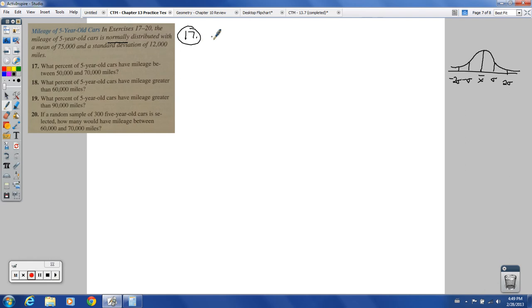So here we have z equals the data value minus the mean value over the standard deviation. I'm told that the mu is 75,000, and the standard deviation is 12,000. So it's just a matter of plugging in these values into this equation.